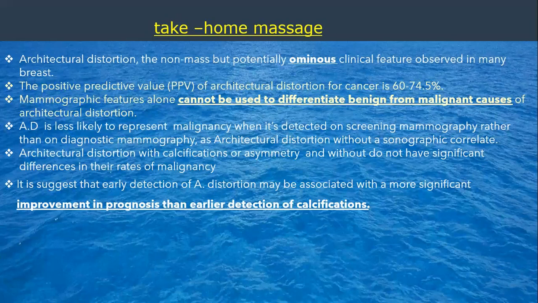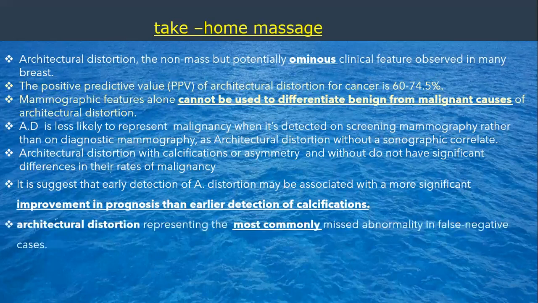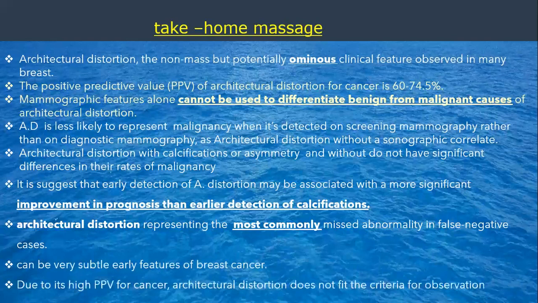It is suggested that early detection of architectural distortion may be associated with more significant improvement in prognosis of breast cancer than early detection of calcifications. Architectural distortion represents the most commonly missed abnormality in false negative cases and can be a very subtle early feature of breast cancer.